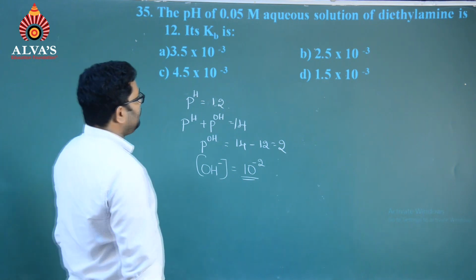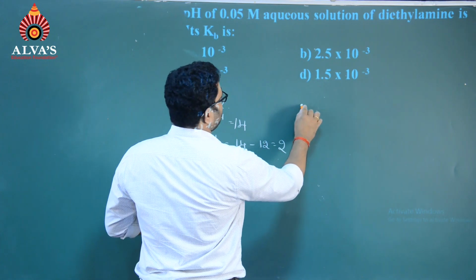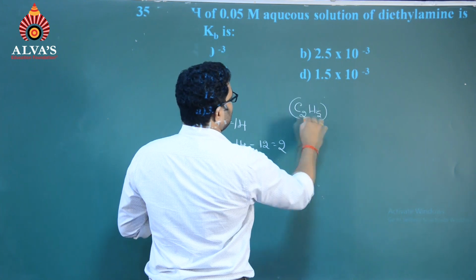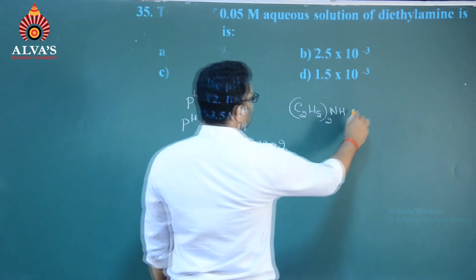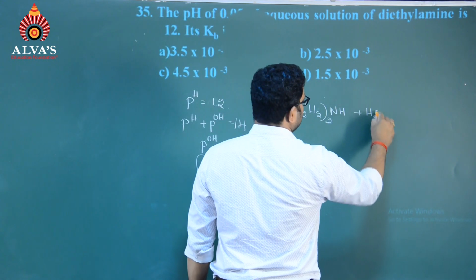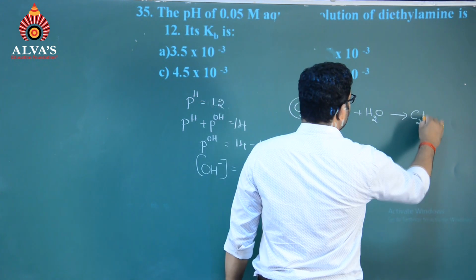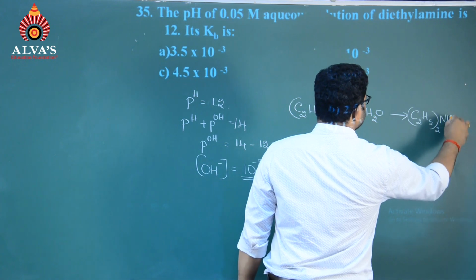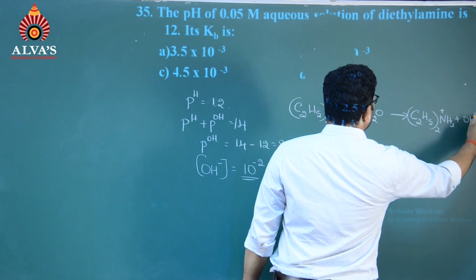Now, we will write the equation of the reaction, that is diethylamine, (C2H5)2NH, plus water, that is dissociation. Being a base, it will take hydrogen, giving (C2H5)2NH2 plus and OH minus.